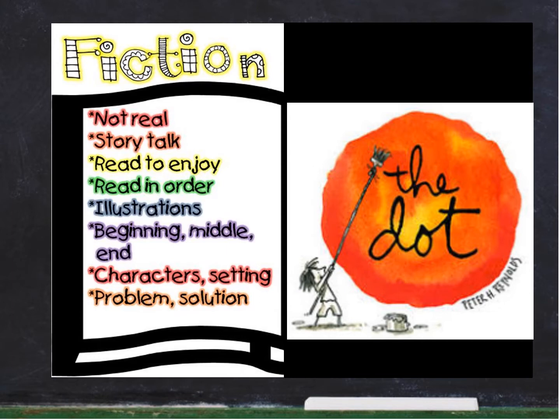Last, there were story elements that only happen in fiction, such as characters. Our characters were Vashti and her art teacher and the little boy at the end of the story. The setting is where our story took place, mostly at school, in art class, and at the art show. The problem in the story, if you remember, was that Vashti was so frustrated because she didn't think she was any good at creating art in her art class.